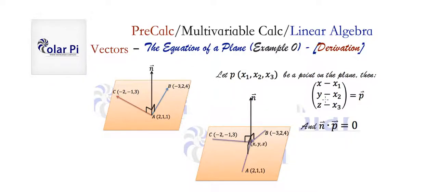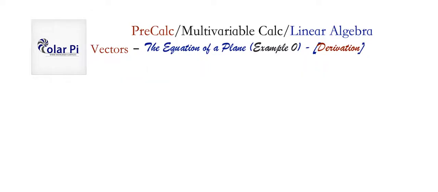And so, having this vector p and dotting it with n, we know it has to equal 0. Going on to the next slides, we can pick up where we just left off, which is here. We know that if we're in 3D, n will have 3 components, and let's say that the components of n are called A, B, and C. Then, as we just said, n dot p has to be 0.